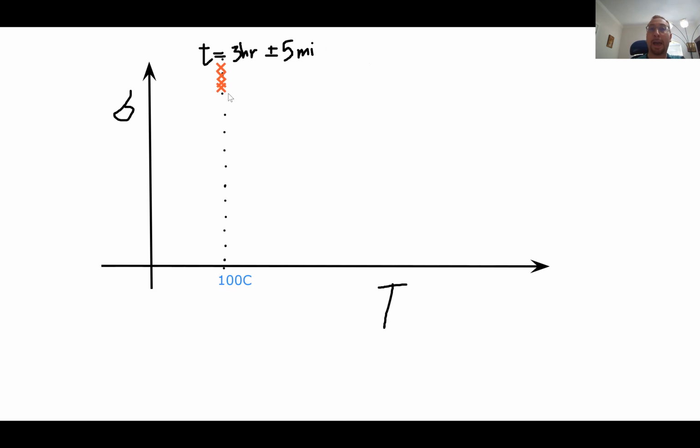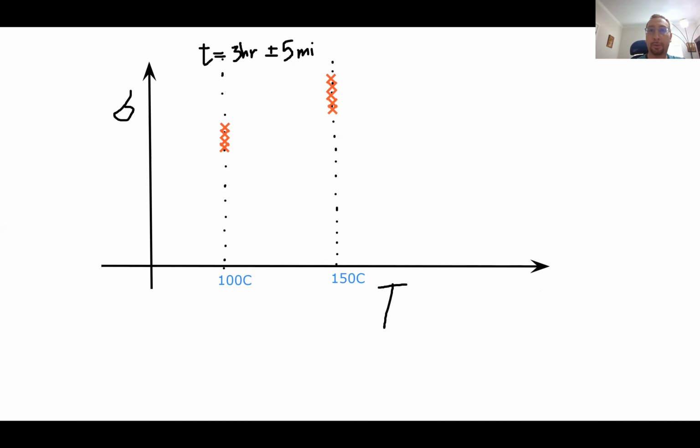We get multiple measurements here. Then we go to the next point, with another temperature, let's say 150 C, and we get some other values.